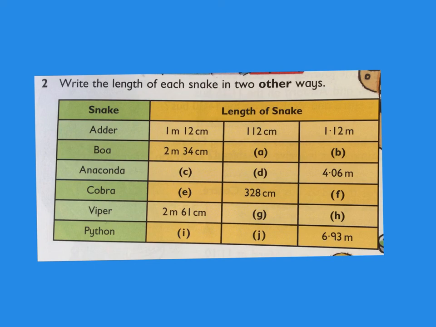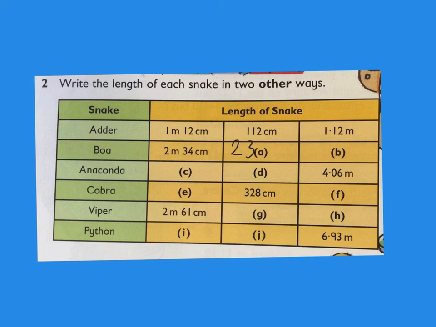The next snake is a boa, and it says it's 2 metres and 34 centimetres. And what is that in total in just centimetres only? Okay, so in centimetres only, so it's 2 metres, which is 200 centimetres, and the 34, so it's 234 centimetres.